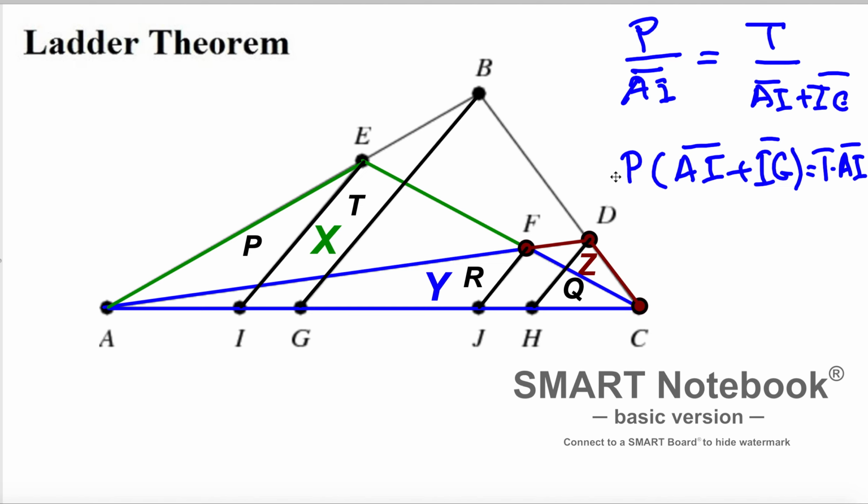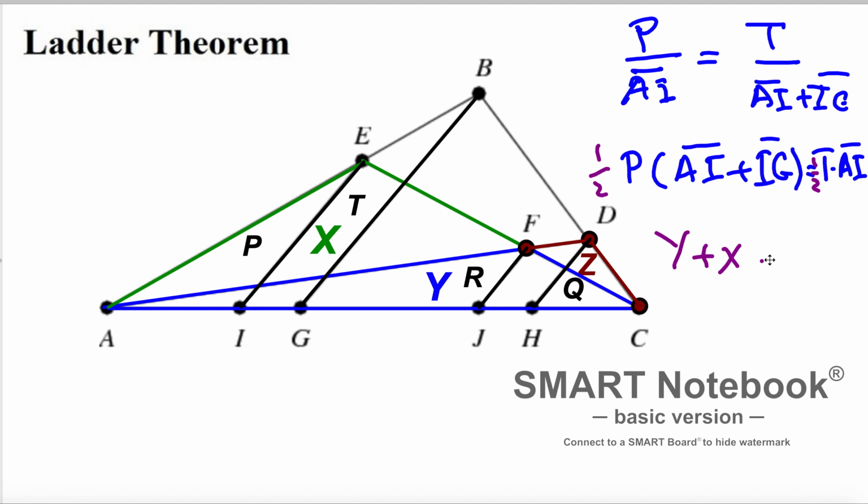Now if we multiply both sides by 1.5, then we have triangles, and P here is going to include the triangle y plus x.